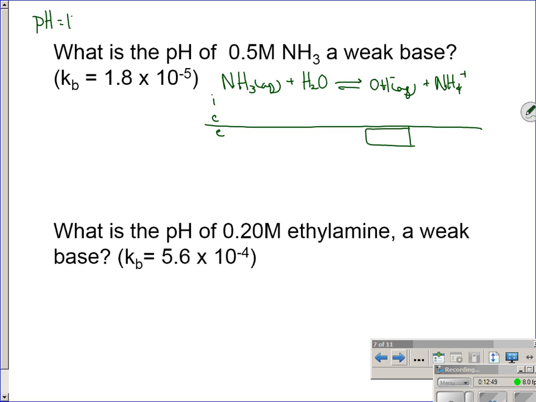So pH is equal to 14 minus pOH, and we'll have to solve for the equilibrium concentration of hydroxide, which will be our X. So you should start every one of these problems by making an ice chart. It is 0.5 molar ammonia. That goes down by X. These always start at 0. This goes up by X times the mole fraction, 1 over 1.